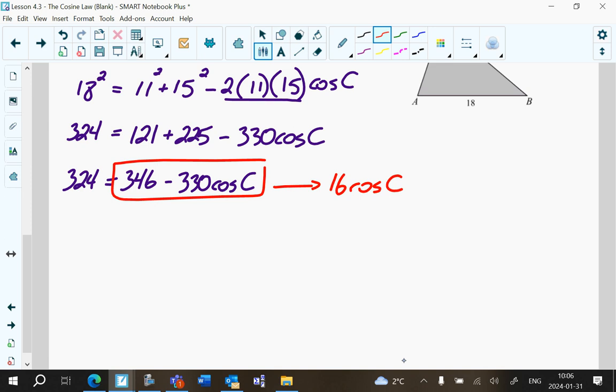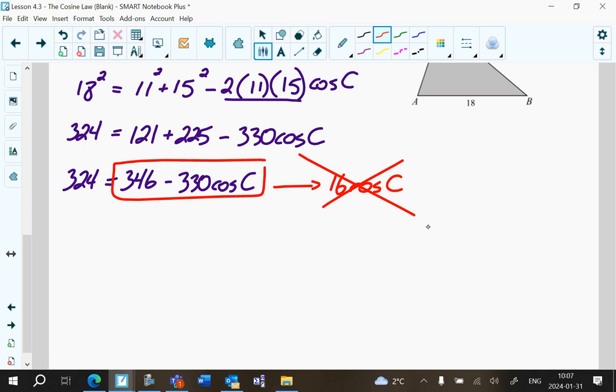They just subtracted 346 by 330 and then put the cos C on the end. You cannot do that because these are not like terms. If they both had cos C's with them, you could put them together. But because this is just 346 and this has a cos C attached to it, we cannot do this. No way.